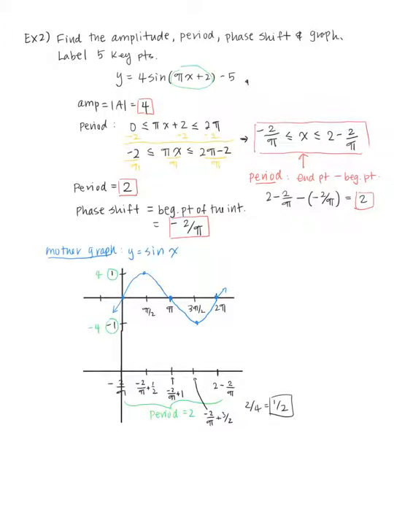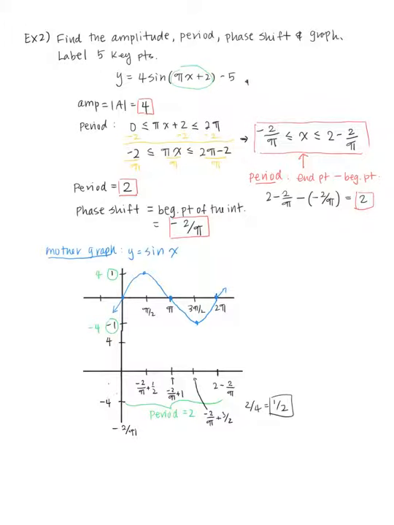Oh my gosh, now that point is missing. So let me just erase this point and let me just write it out nicely. So the starting point was what? Negative 2 over pi. Alright, so instead of 1 and negative 1, I'm just going to go ahead and go 4 and a negative 4, if that's okay.